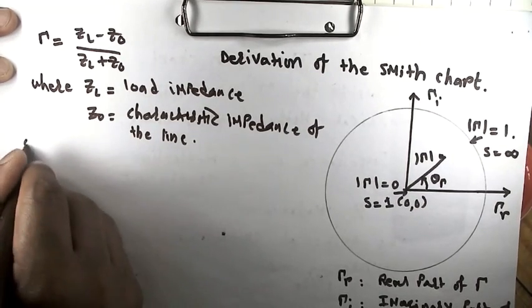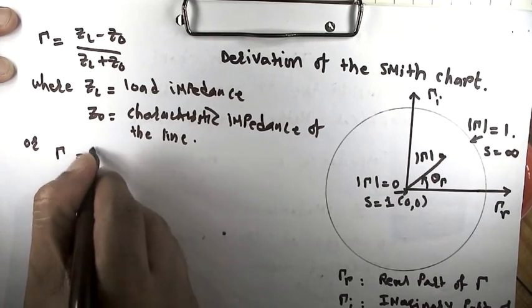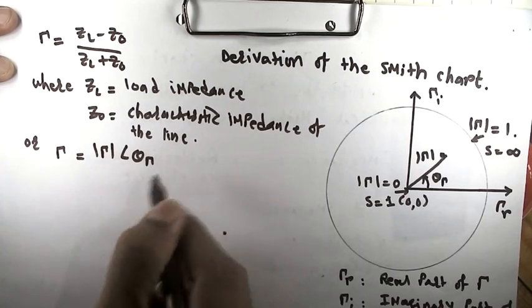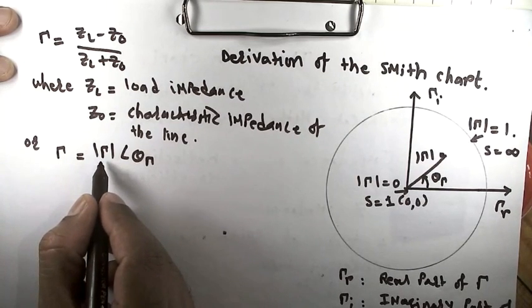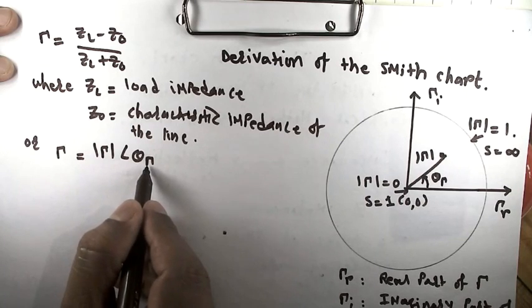Or I can write gamma also in polar form, with the magnitude and the angle of the reflection coefficient. So this one is the magnitude of the reflection coefficient and this is the angle of the reflection coefficient, theta gamma.